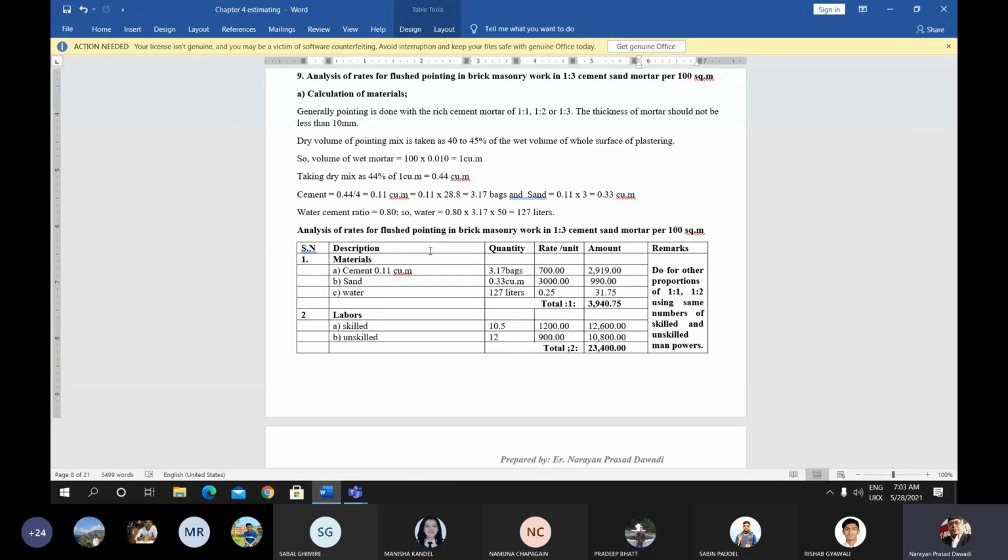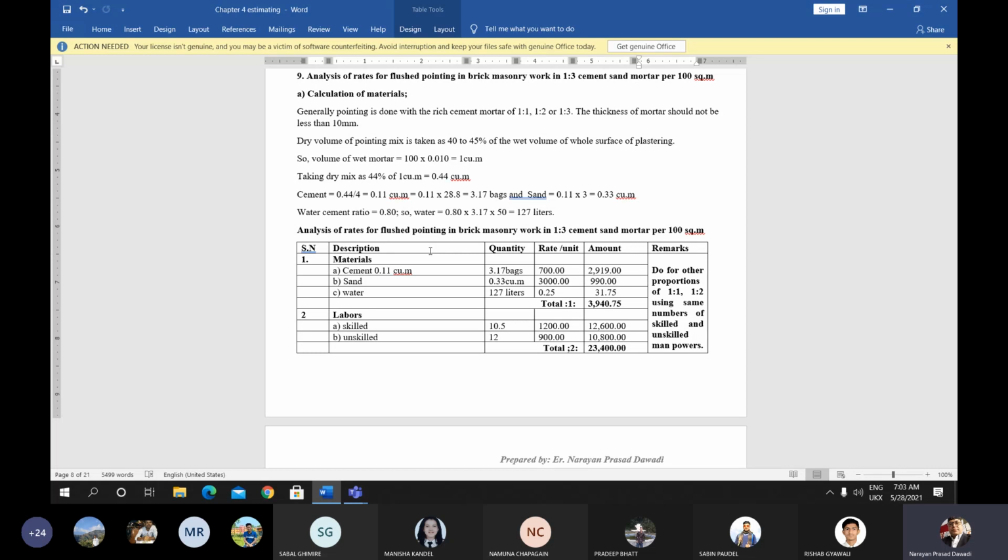The same surface is considered, but in pointing the material used in the masonry work can be seen from the outside, because all the portion of the masonry material is not rendered by the pointed surface.